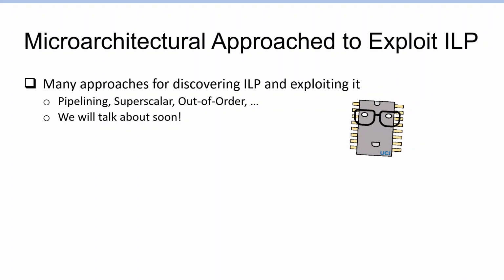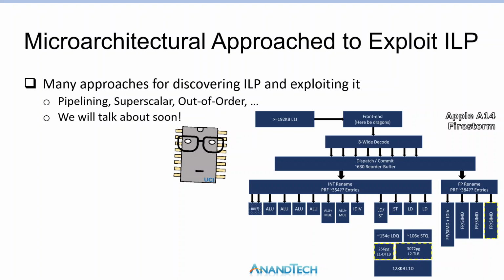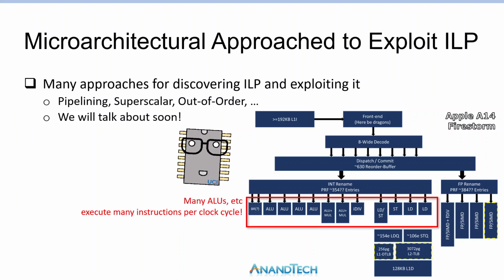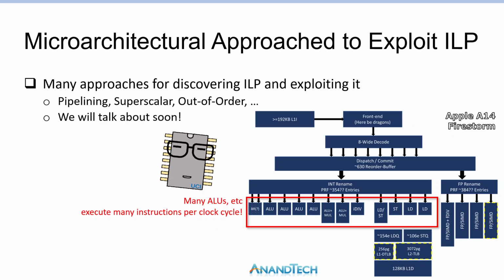And the existence of ILP is why, so this is the high-level architectural diagram of the Apple M1 processor, there are many ALUs and other execution units, many instances of this, which are provisioned for a single core, even though a single core executes a single thread.